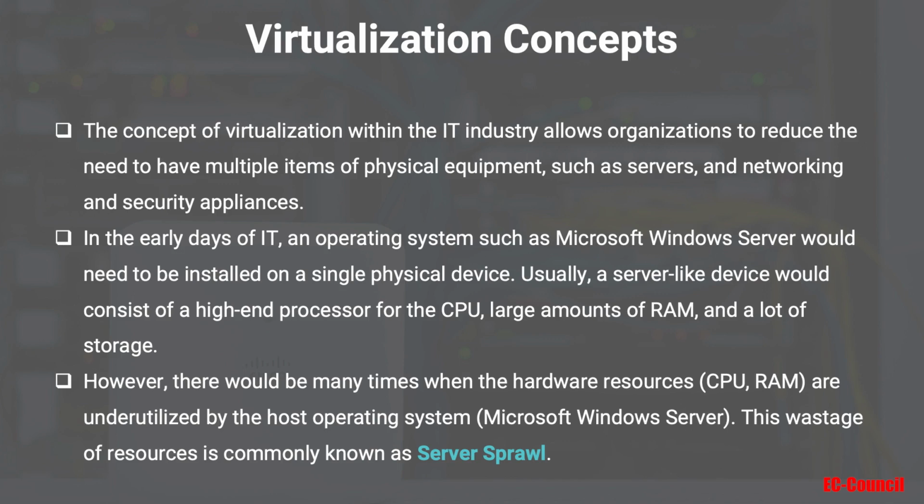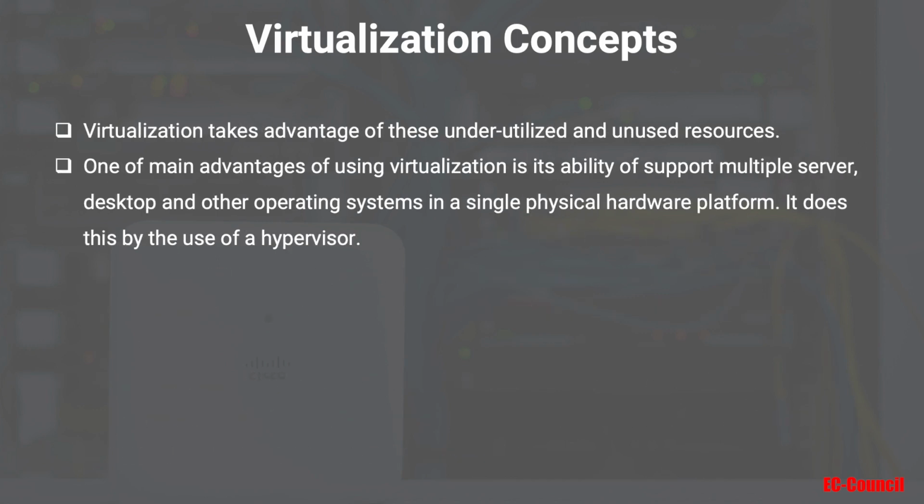However, there would be many times when the hardware resources such as a CPU and RAM are underutilized by the host operating system, this being Windows Server in this situation. This is commonly known as server sprawl. With virtualization, you can take advantage of all these underutilized and unused resources.